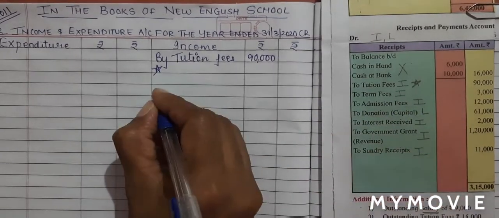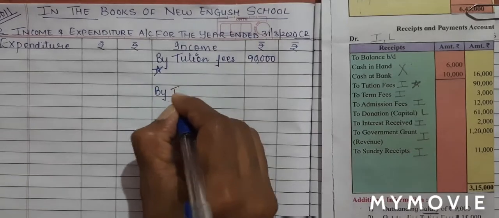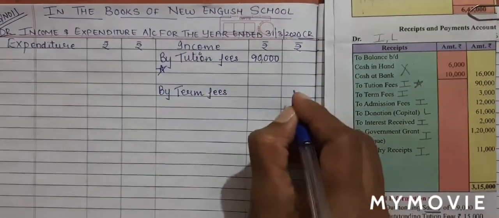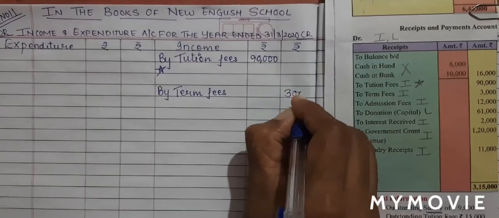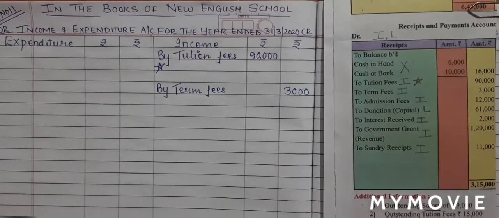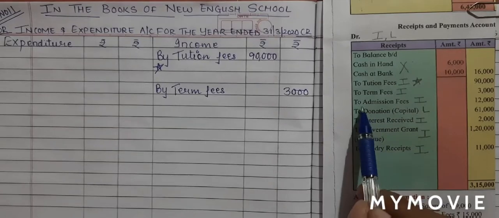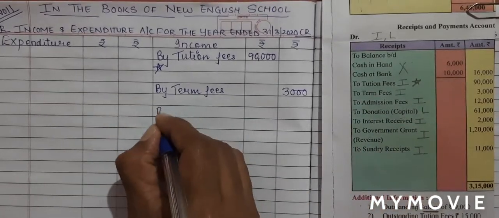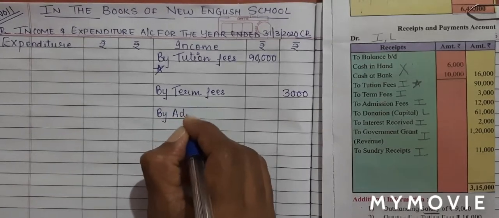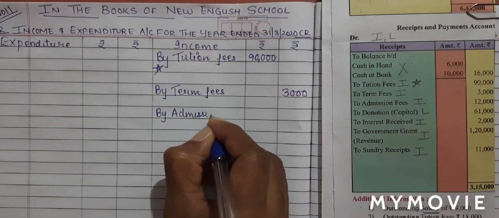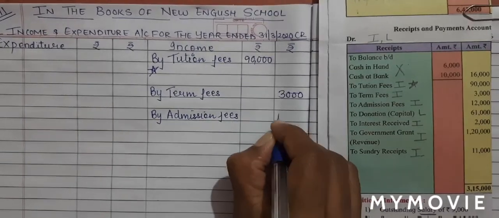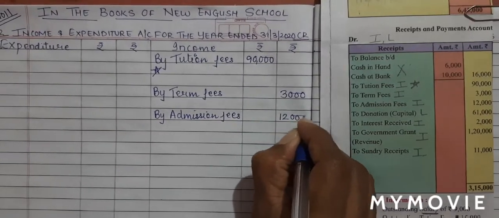Again on the income side, I'll write by term fees. There is no star, so I'll write it in the outer column 3,000. Next is admission fees. Again on the income side, I'll write by admission fees. No star, outer column 12,000.